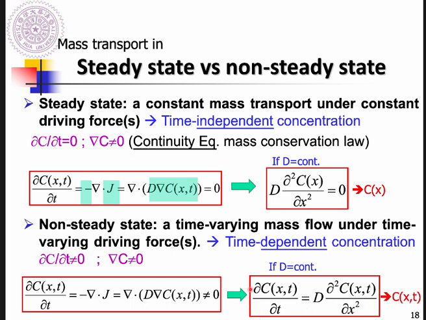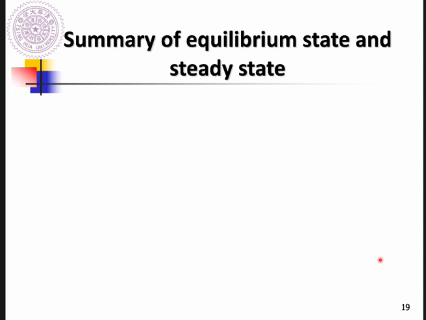So as long as we solve this differential equation, then you can know how the concentration profile of diffusing atoms changes with location x and time. So this is also the mass transport in solid materials. Okay. So I'm going to give you a quick summary for equilibrium state and steady state.